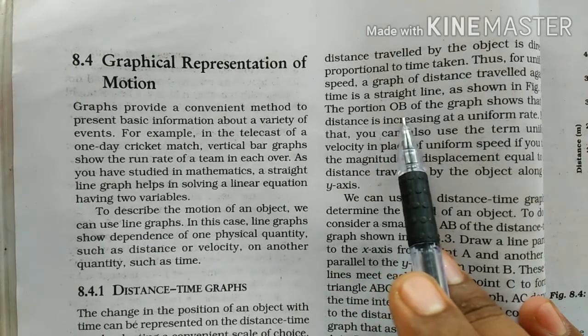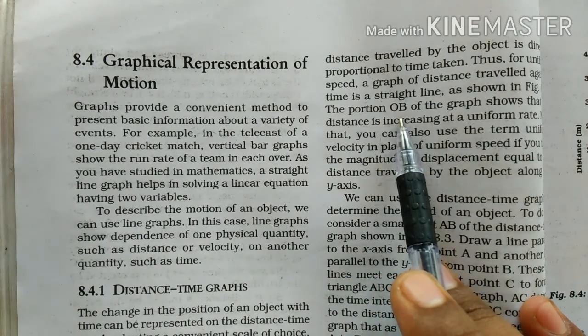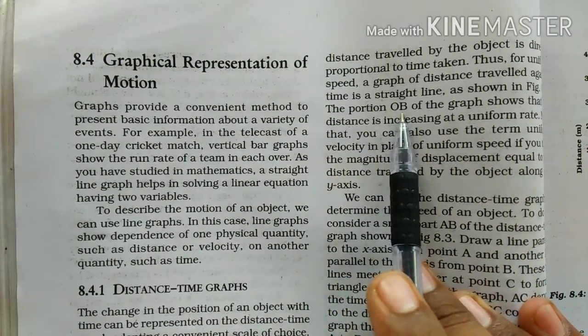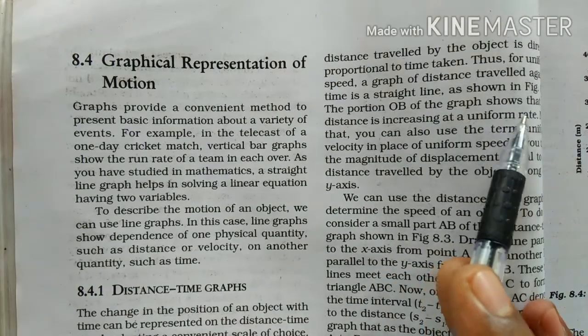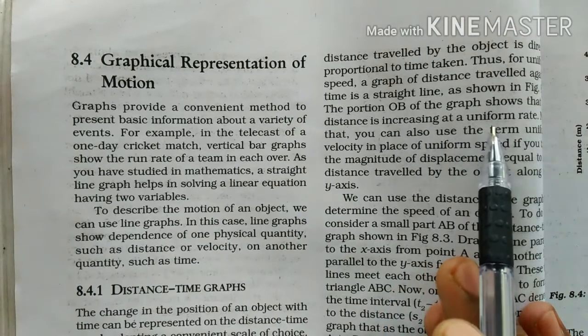The portion OB, you see in your textbook. Please students, put your textbook in front of you while watching this video. The portion OB of the graph shows that the distance is increasing at a uniform rate.